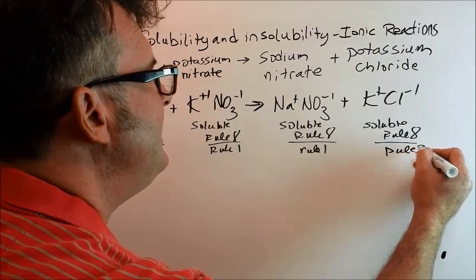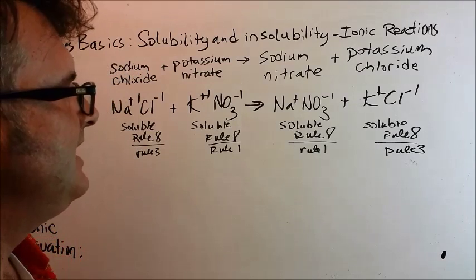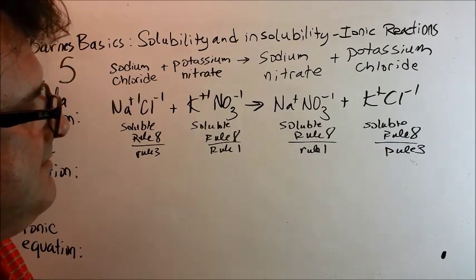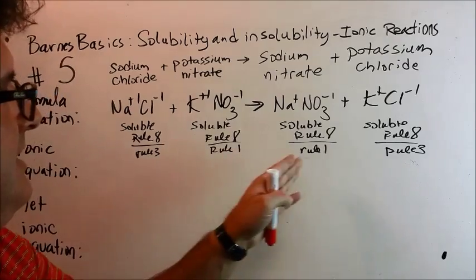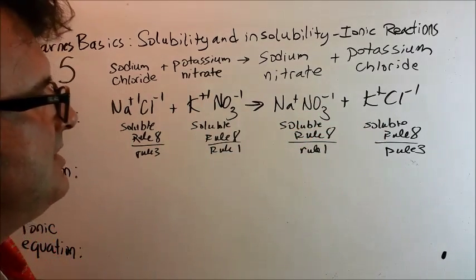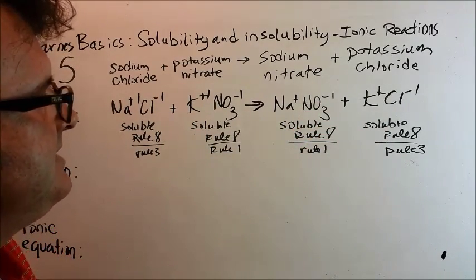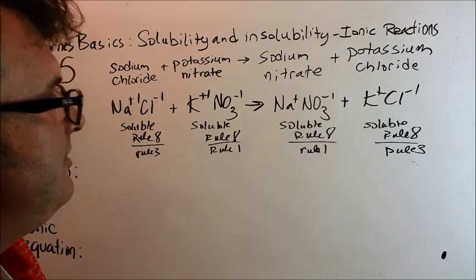So we kind of have an interesting dilemma here. In all of the other reactions, we had something that was insoluble as a precipitate or a precipitant. And in this case, we don't.